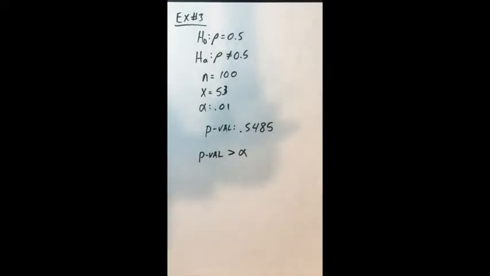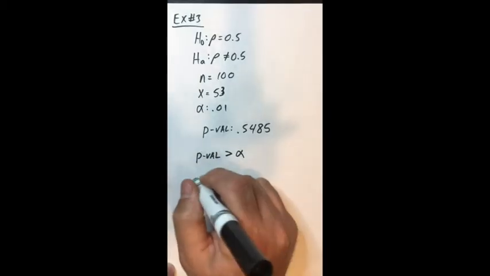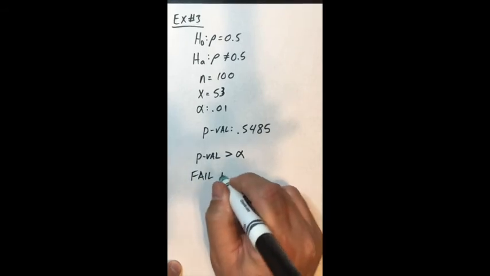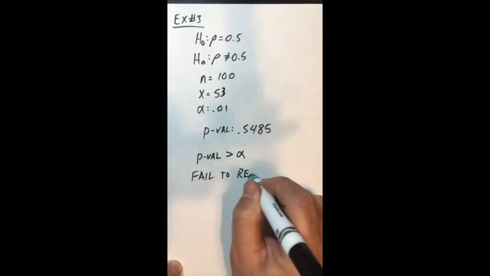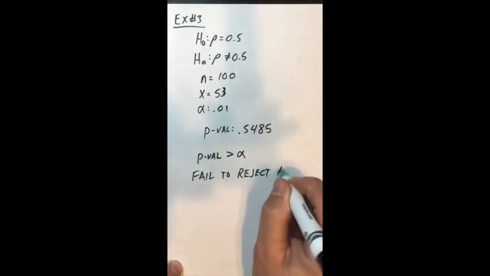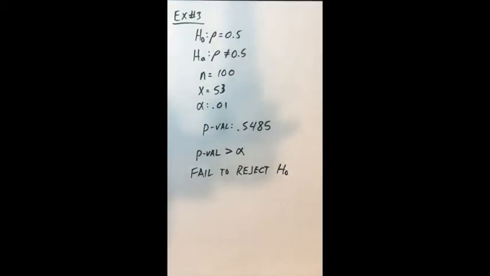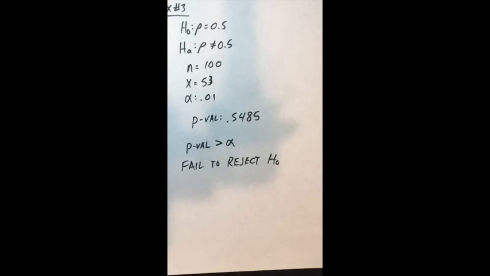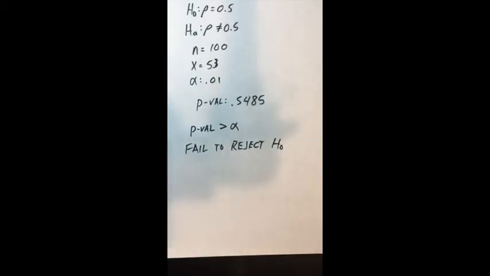In our first two examples, the p-values, I think, were pretty convincing that we should reject the null. But on this one, it's an absolute slam dunk that we would fail to reject the null hypothesis. Fail to reject or decline to reject, however you like to say it.